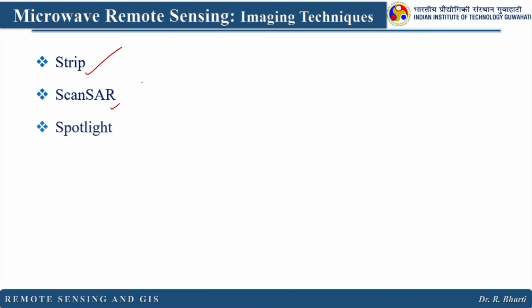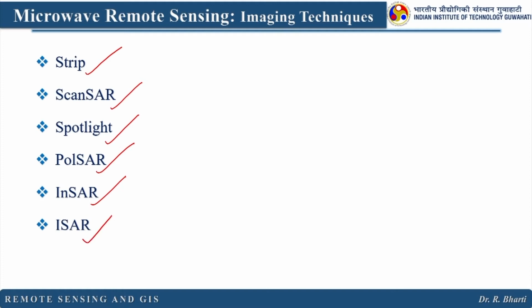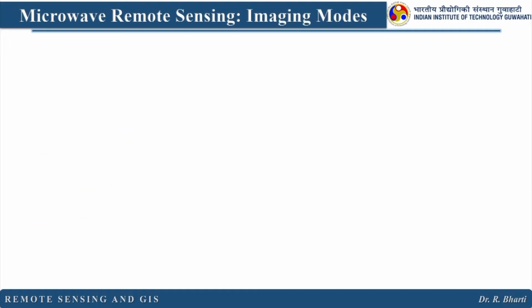The first one is strip, then ScanSAR, then spotlight, then pulsar, then InSAR, then ISAR, right. These are different imaging techniques available in the microwave domain, and now let us see some of them to understand how they play a big role in your data generation.